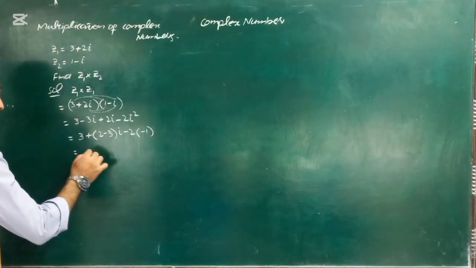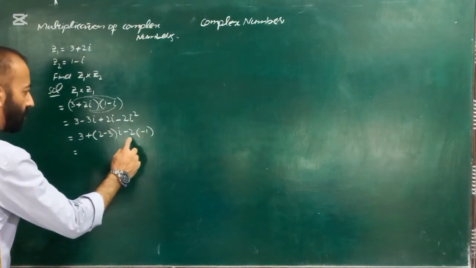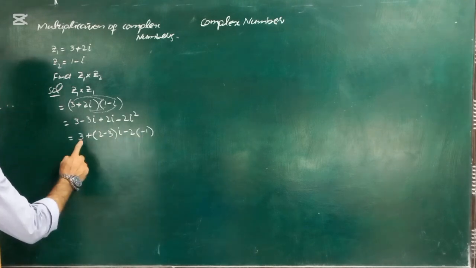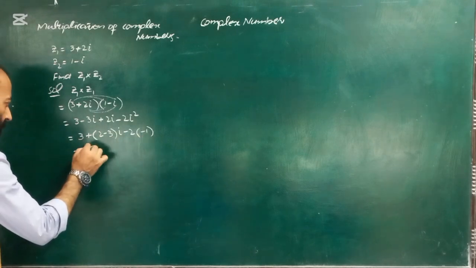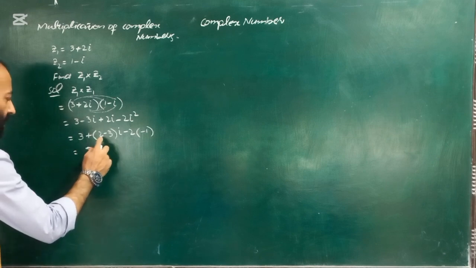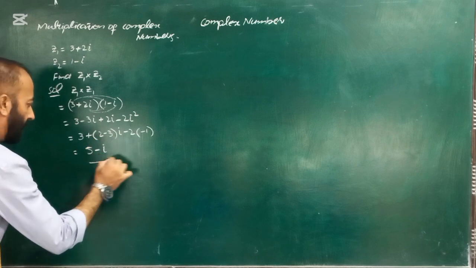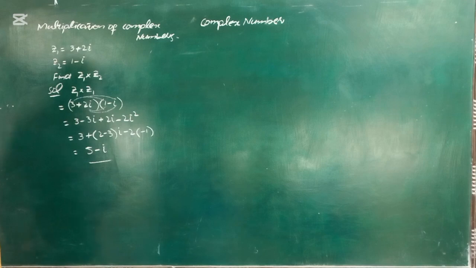In the next step, you may see minus minus plus, so 2 ones are 2, so plus 2. So plus 2 and plus 3 will be plus 5, and 2 minus 3 is minus 1, so minus 1 into iota will be minus iota. So this is the answer: 5 minus iota.